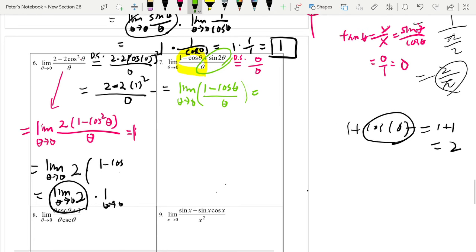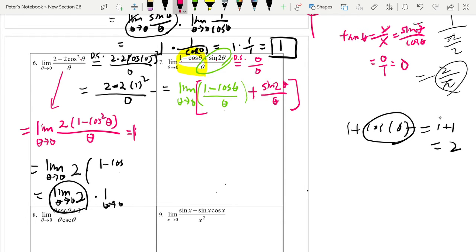All right. So you have the limit of 1 minus cosine theta over theta, not times, sorry, plus sine 2 theta over theta. Why is it not multiplication instead of addition? Because there's no multiplication.